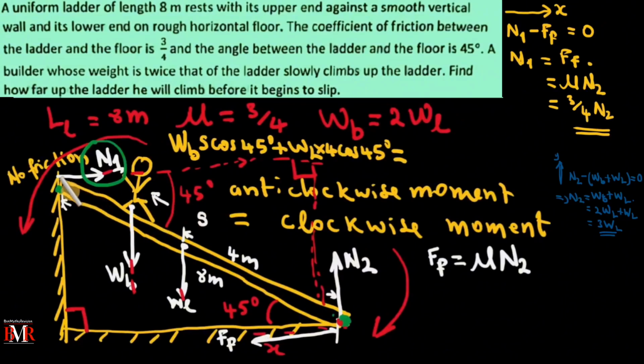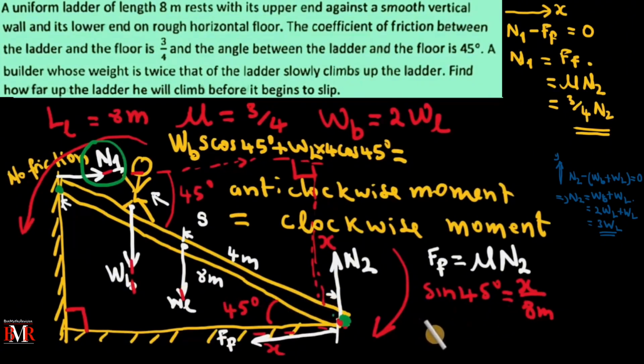I know that from this point to this point, the distance is 8 meters. That's the length of the ladder, so that is the hypotenuse of this right angle triangle. From this triangle, sine 45 degrees will be equal to opposite over hypotenuse. Let's say the opposite here is x, so x over 8 meters, since the hypotenuse is the length of the ladder.